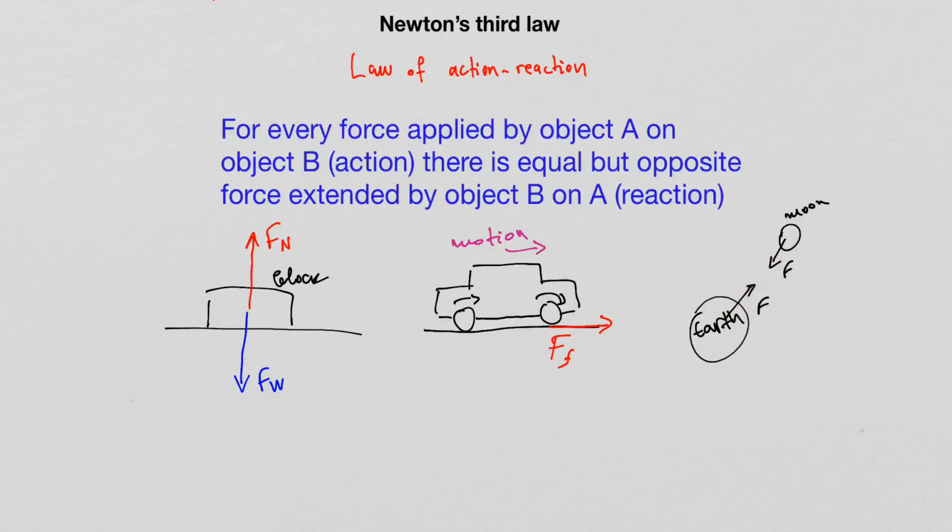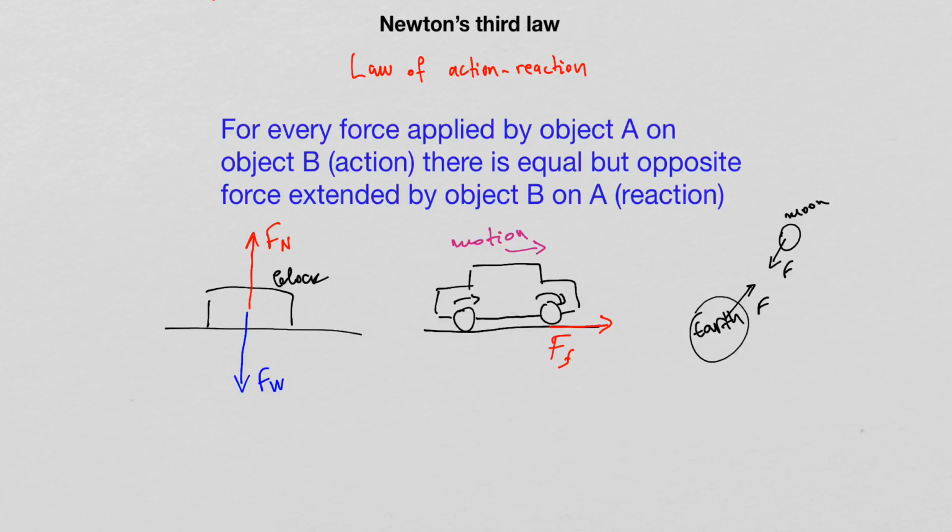As a result, the two bodies orbit about a common center of mass. This common center of mass is shifted from the center of the Earth by a few hundred kilometers, I believe. Because of those two forces, action and reaction, we get this orbital motion.